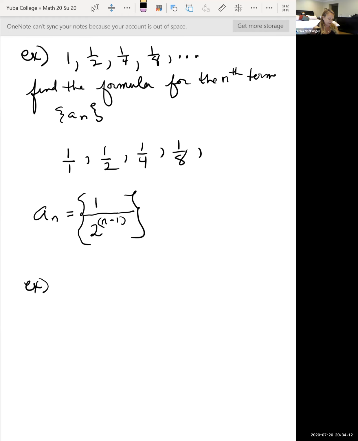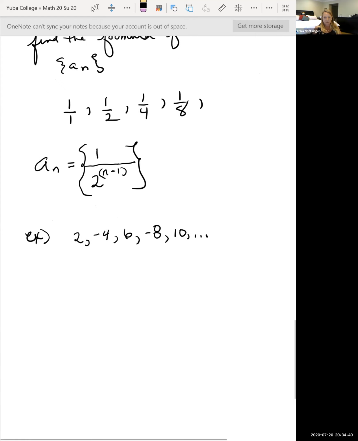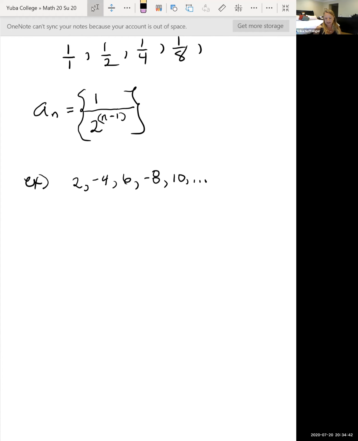Just seeing if I can find any more examples. Oh, here's one. We have the set or sequence that starts with 2, then it's -4, then 6, then -8, and then 10, comma, dot, dot, dot. So it continues on in that pattern. If you see something that's alternating in signs, there's a trick.